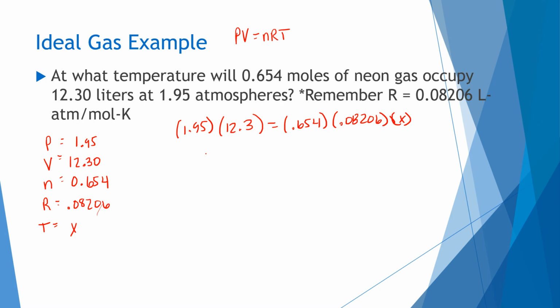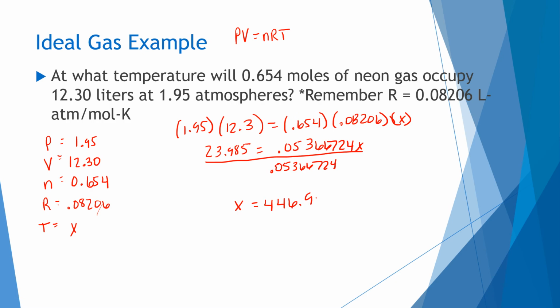Here we're going to multiply these two values. We get 23.985. We're going to multiply the right side and we get 0.053666724x. Just like in algebra, we always divide by the number attached to x. And so when we do that, we end up getting x equals 446.92069.